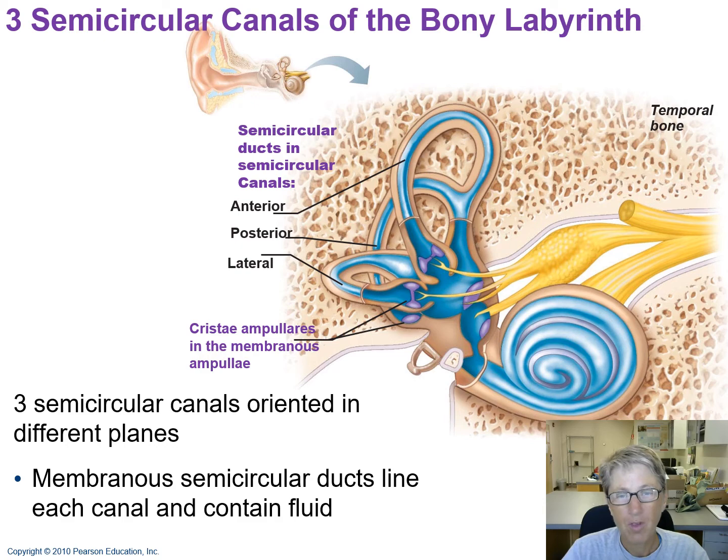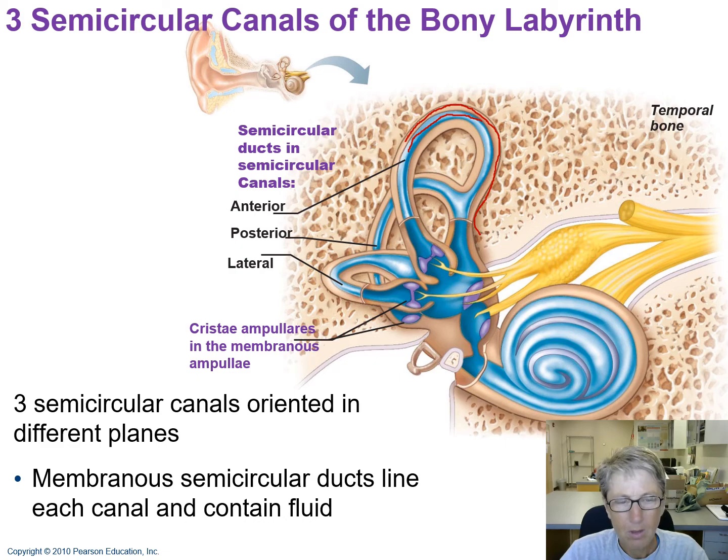Okay, so the 3 semicircular canals of the bony labyrinth. So remember, all this tan part is bone, so it's all temporal bone. It's a labyrinth. And within the bony labyrinth, you have these blue pieces, so these membranous ducts, and they carry within them fluid.